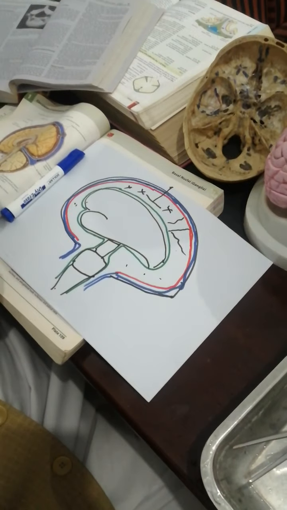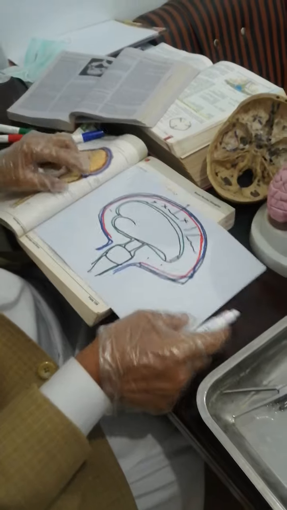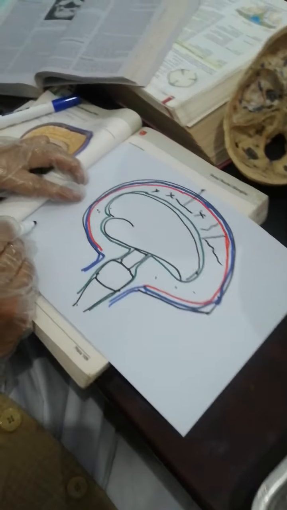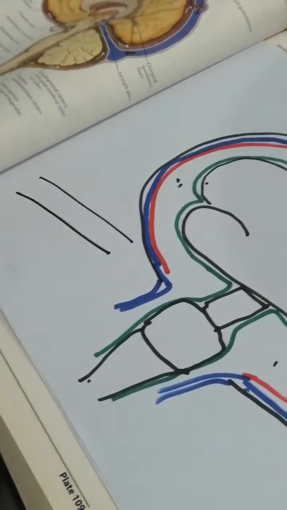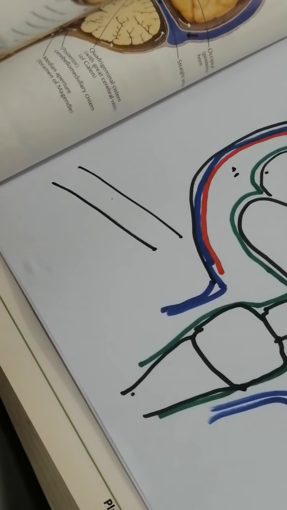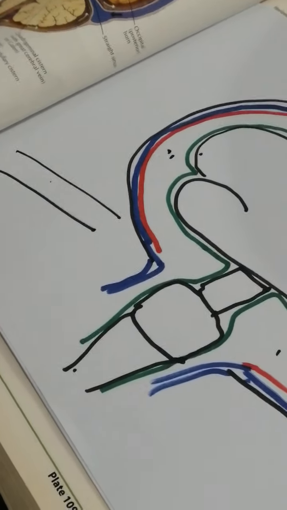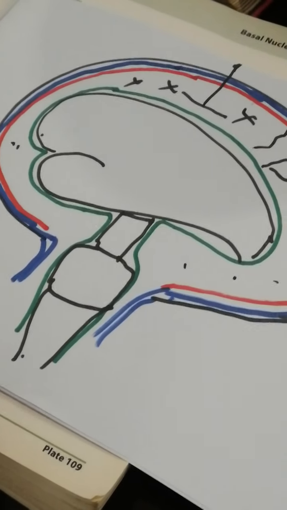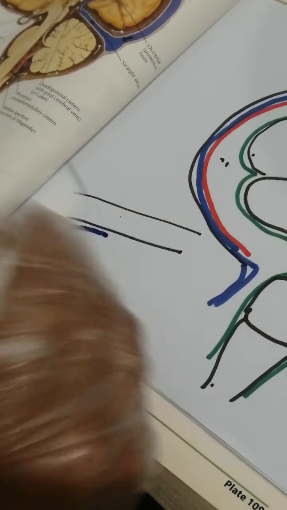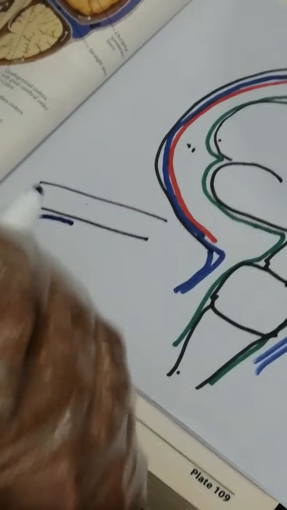Now, in some areas, what happens? You look. Let me say this is the superior sagittal sinus in the dura mater, having the blood, and then deep to it you can see the arachnoid mater.